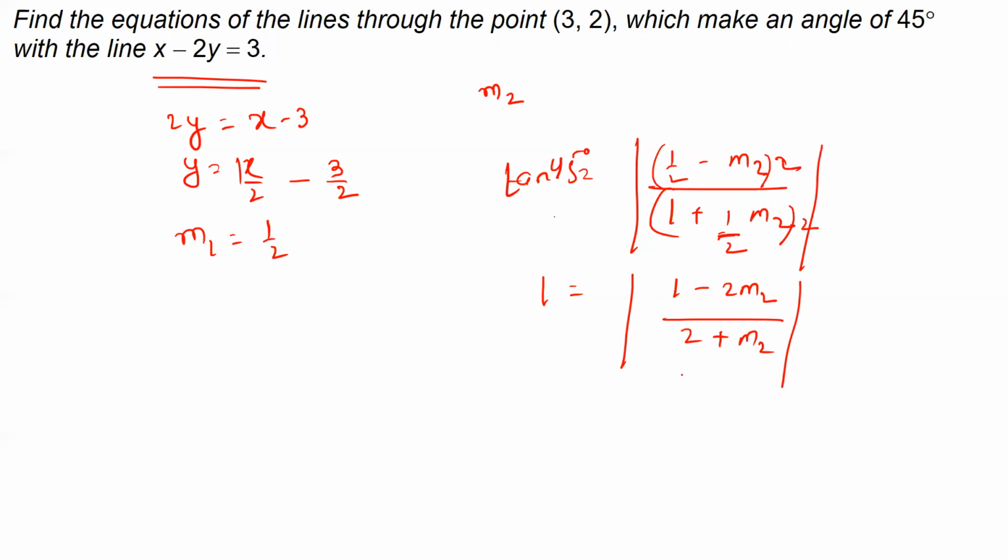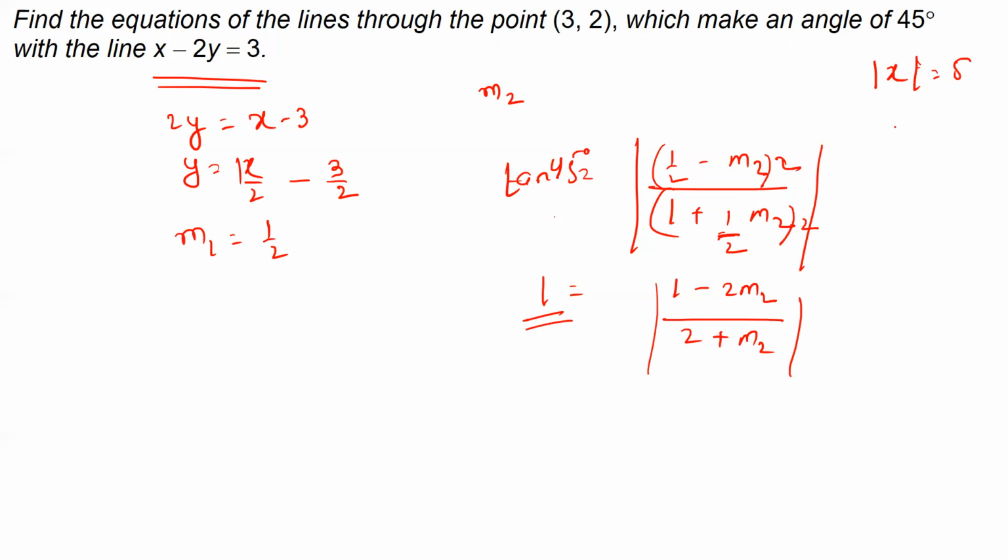Now if the modulus of something is 1, then the inside thing can be equal to 1 or minus 1. What I'm saying is that we want to somehow get rid of this modulus. We cannot just make it invisible. We have to think about it. Let me give you a hint. If mod x is equal to 5, then what can you say about the values of x?